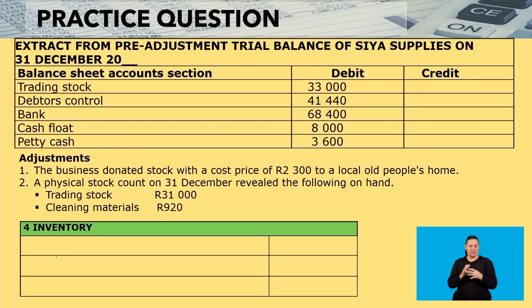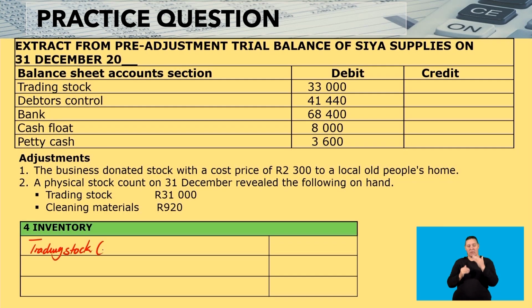That means I need to come to my inventory note, that is note number 4. I need to record the inventory that was donated. To begin with, I'll say trading stock.